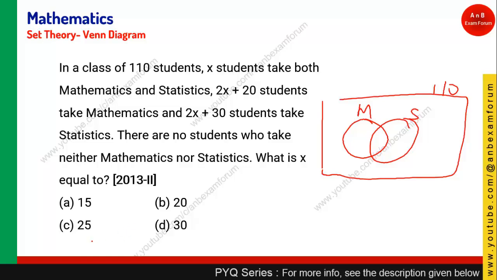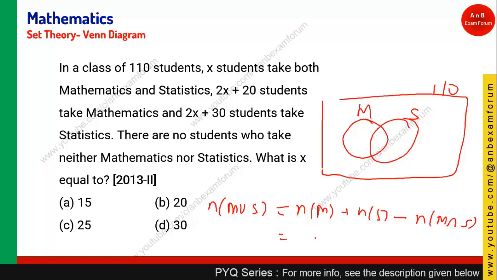Okay, so instead of going with the Venn diagram, you can use the formula also. Let's try to solve with the formula. M union S, maths union statistics, is equal to the number of elements present in maths plus the number of elements present in statistics minus the number of elements present in the intersection of those two sets.